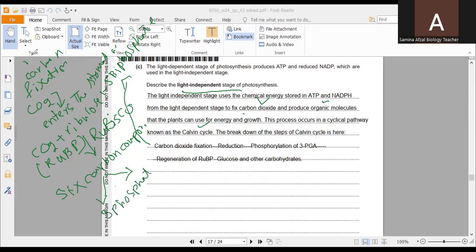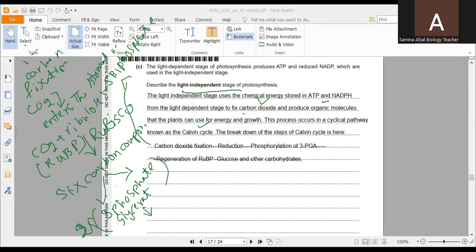So there will be 2 molecules of 3 phosphate glycerate. In the next stage, what will happen? By the formation of glycerate 3 phosphate, there will be 2 molecules of this 3 phosphate glycerate.